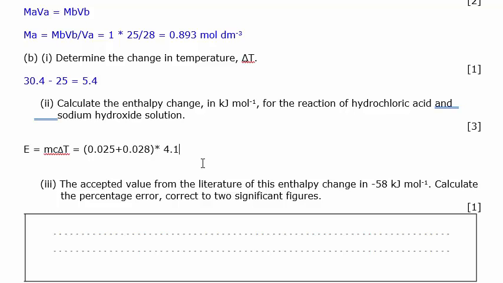Times 4.18 for the specific heat capacity of water, times the temperature change, 5.4. This will give us our energy in kilojoules. Right, so we work this out. So it's 0.053 times 4.18 times 5.4, and that comes to 1.196.